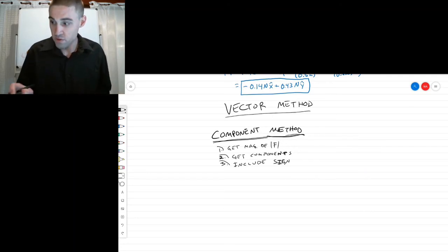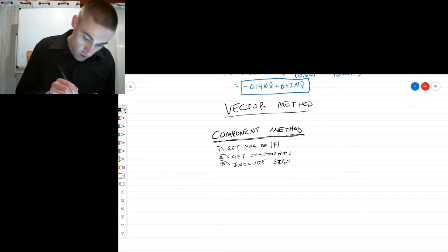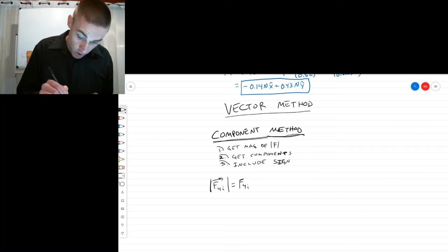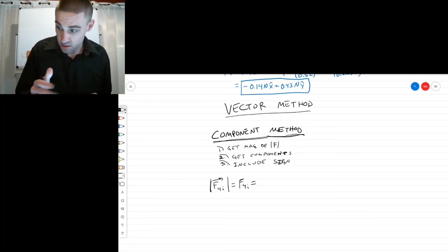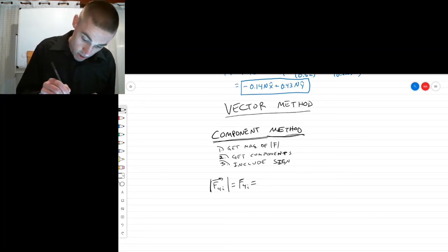Some of you will prefer this. Okay, so first we're just going to get the magnitude of each one of these forces. So each one was going to be, right, we wanted the magnitude F for the force on 4 by i. And we're just going to make this a positive quantity. We don't care what the signs are or what the direction is at all.